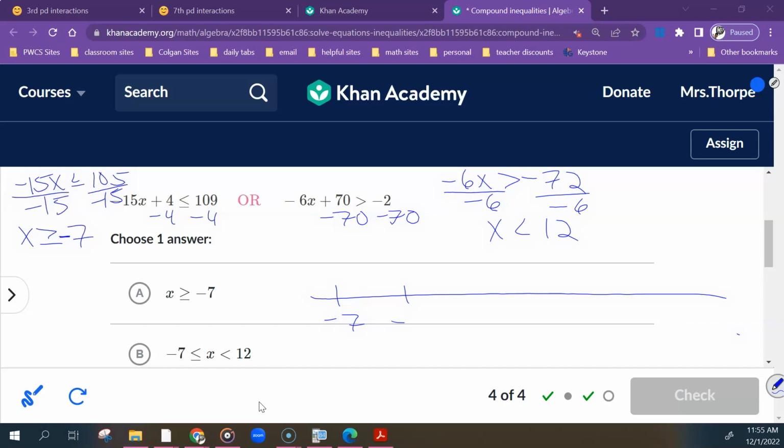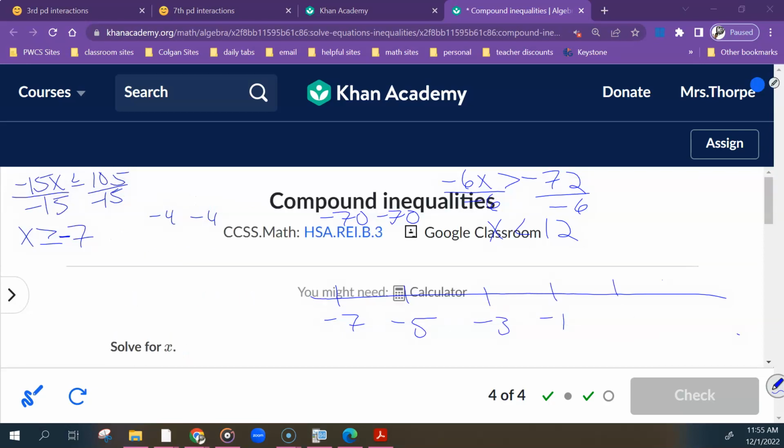I'm going to skip 5 to... I ran out of space. So then 12 would be there. Okay. The number lines depend on your numbers.